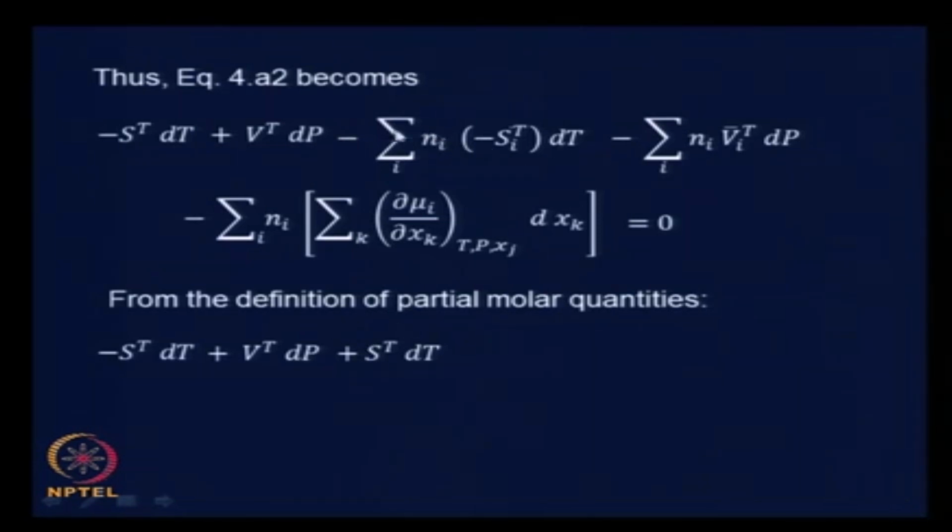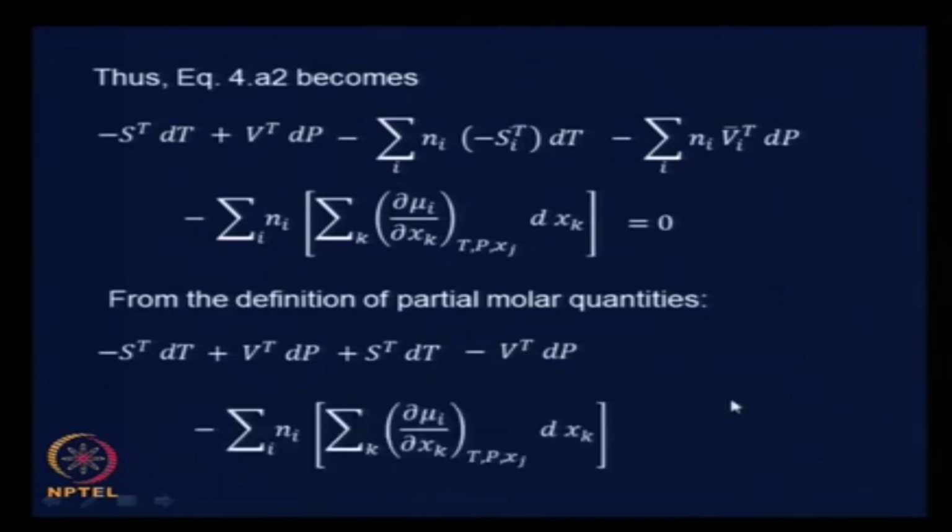So, St dT becomes minus, and by the same argument this is nothing but Vt, the total volume of the system, Vt dP, and this term remains as minus sum over Ni times sum over dou mu i by dou xk at constant T, p, xj, dxk.